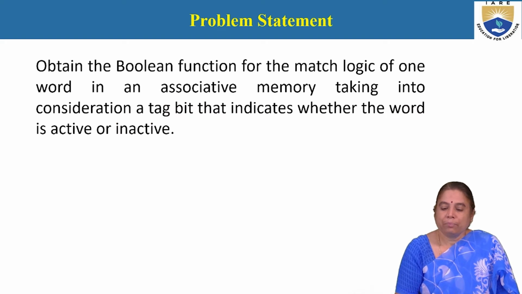Next, obtain the Boolean function for the match logic of one word in an associative memory, taking into consideration a tag bit that indicates whether the word is active or inactive. So here, instead of accessing the memory by address, accessing the memory by content can be done with the help of associative memory.